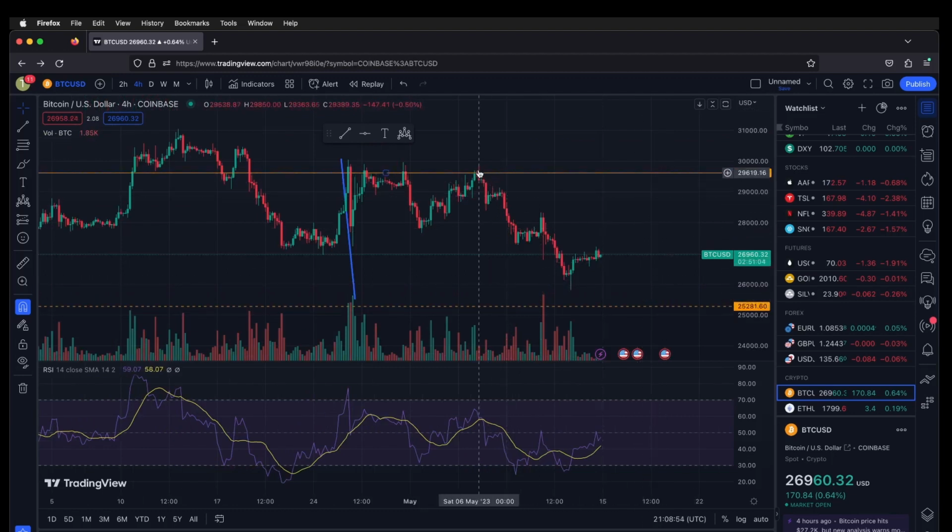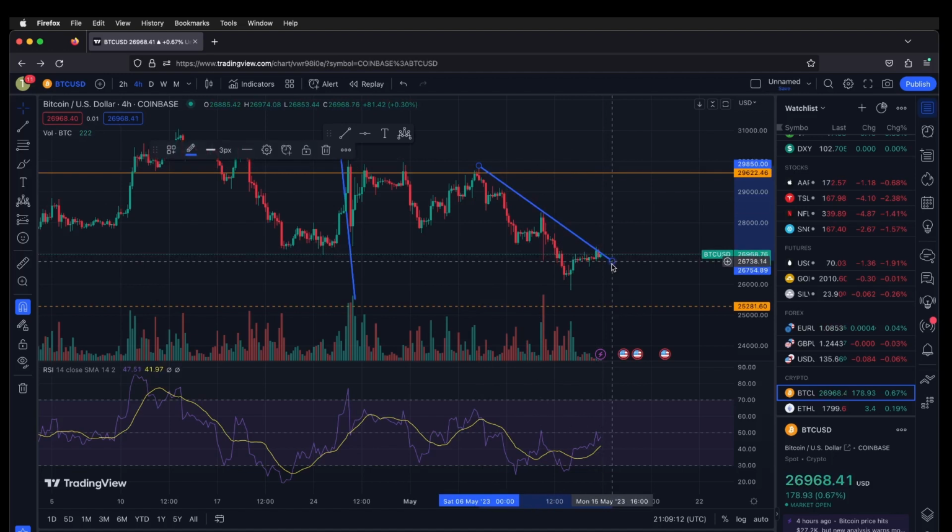If we were to draw a trend line that goes from here across here, I would want the candle to close above this trend line before I really thought that was a breakout.